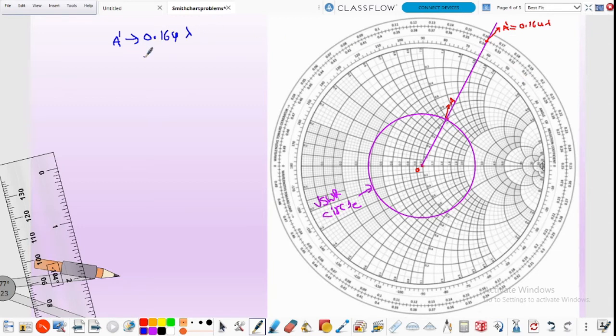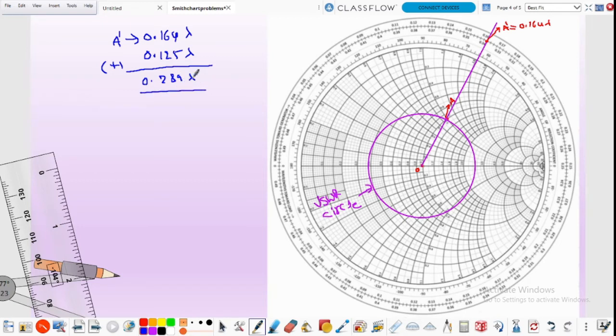How much distance will be moved here? Lambda by 8 distance, so that is 0.125 lambda. Adding these two values, 0.164 lambda and 0.125 lambda, gives 0.289 lambda.